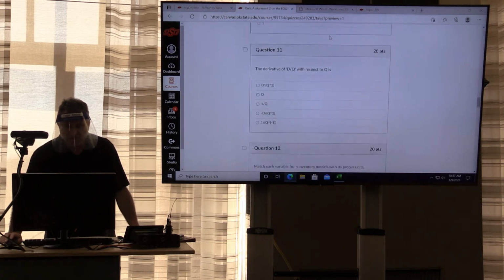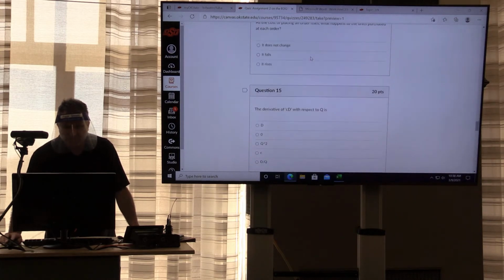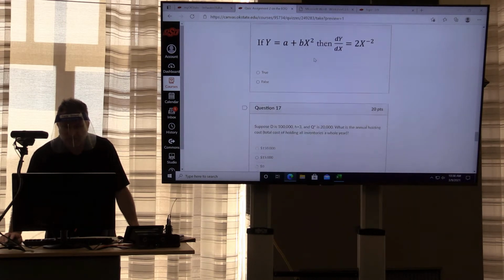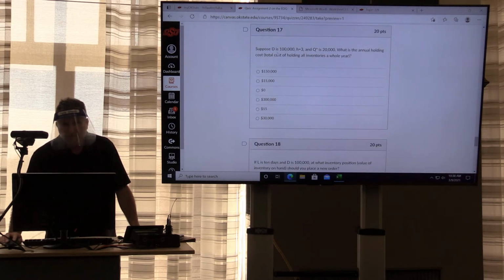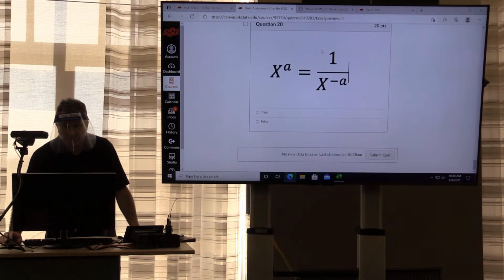Some derivative questions, simple derivatives, some matching: what is R, H, D, and C? Is this the derivative of that? Suppose D is this, H is this, and Q star is this. What's the annual holding cost? And so on.